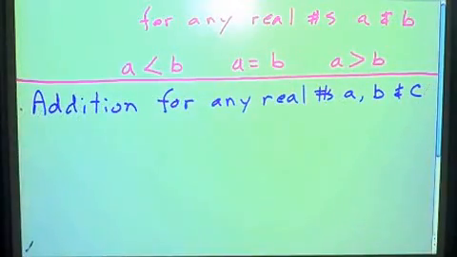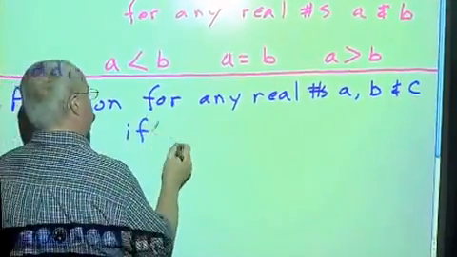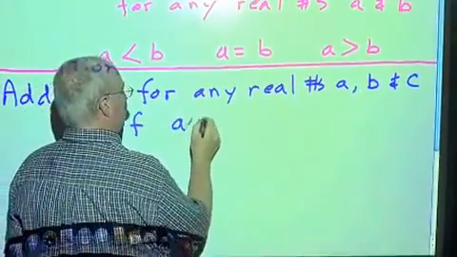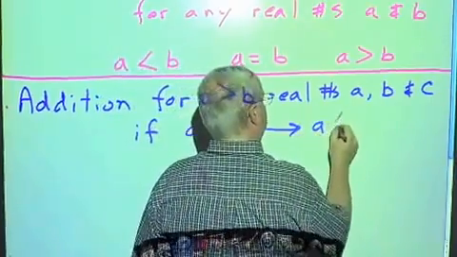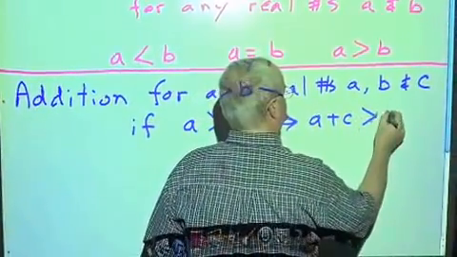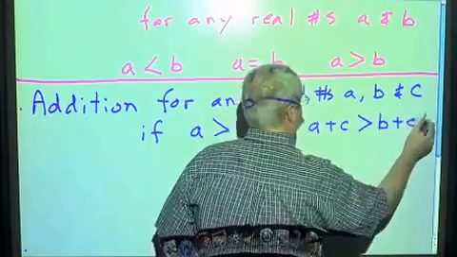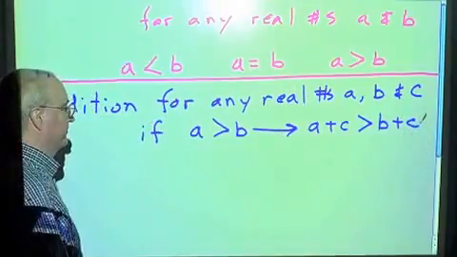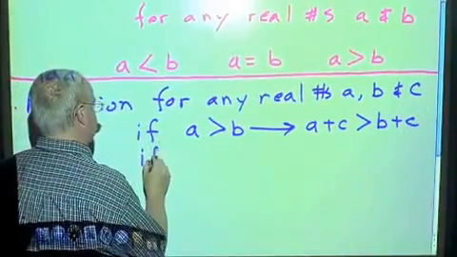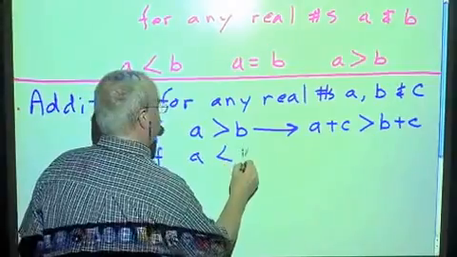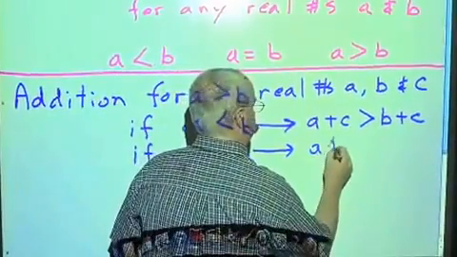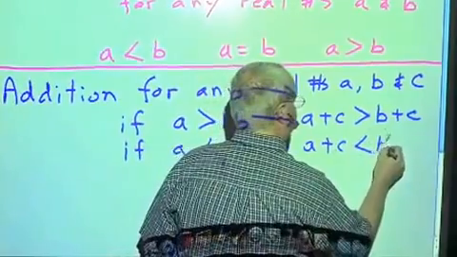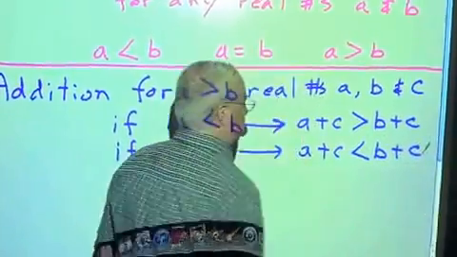For addition, if A is greater than B, then A plus C is greater than B plus C. Okay? If A is less than B, then A plus C is less than B plus C.